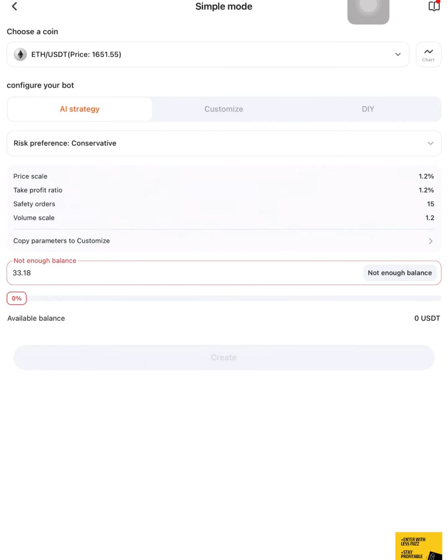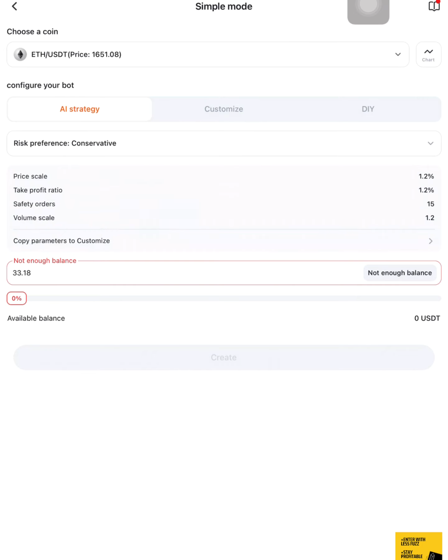What it means is that as the volume scale is reduced compared to the balanced, the average price as the price drops would not decrease as much as it does in the balanced bot. But on the contrary, we are safe and we allow the price to drop by 18%.